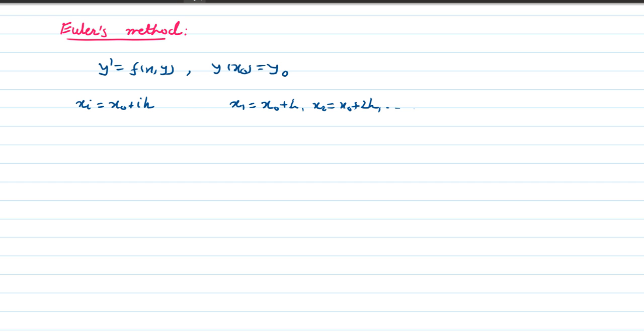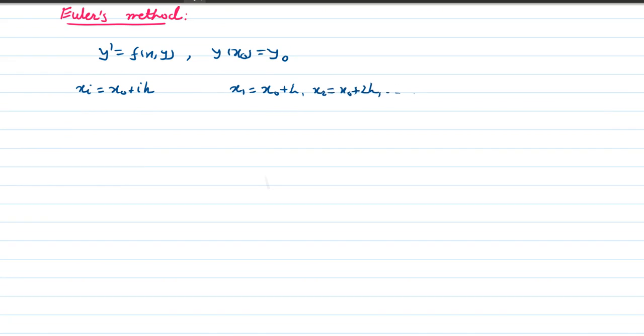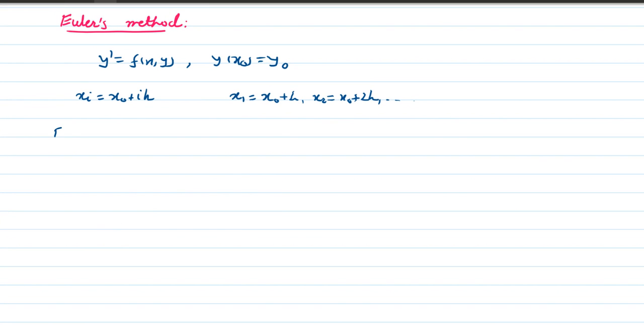Now when you want to find the first approximation, let us call it y1. y1 is nothing but y0 plus h times f of x0, y0.